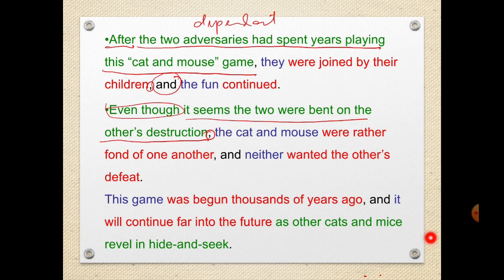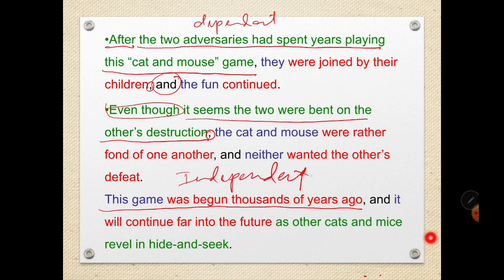But in the last one, instead of a dependent clause at the beginning of the sentence, we have an independent clause. So we have this game was begun thousands of years ago. So this is independent, and then, all right, the FANBOYS.